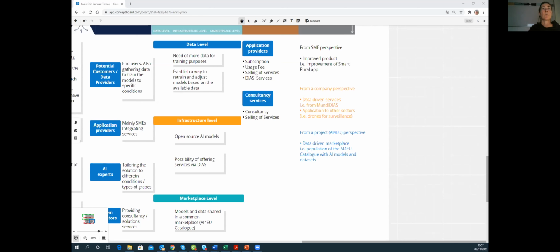And because this is an EU project, it's open source, sharing, whatever. If I'm now Apple or Google, I would try to monopolize this kind of interplay between data level, infrastructure and marketplace, because this is then my business model in the end. The better the infrastructure, the more users, the more data, the better.